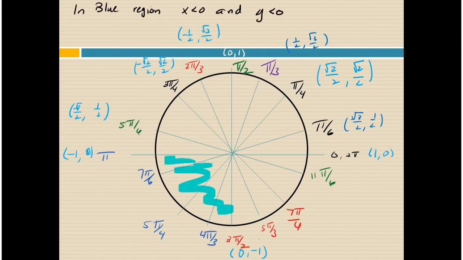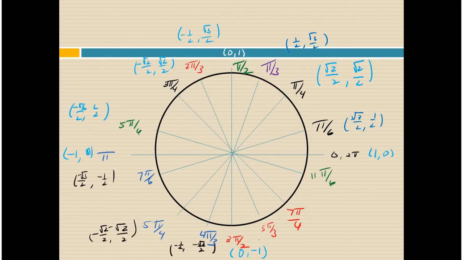What about this region? Well, this region also you can get from all the other ones. From here to here, they're the same. The x-coordinates are the same. I've gone the same amount across. So I get, and it's still negative, I'm going to the left. But the y-coordinates are actually negatives of each other. And this is still messed up here. This should be 1/2, negative 1/2, and negative square root of 3 over 2.